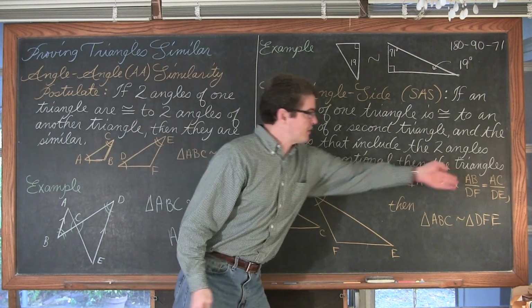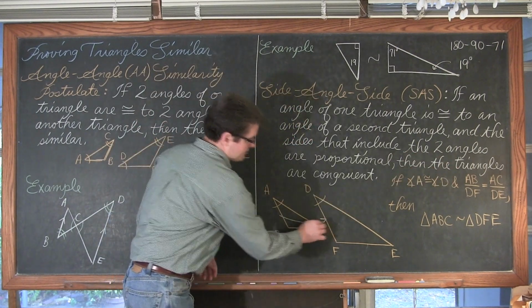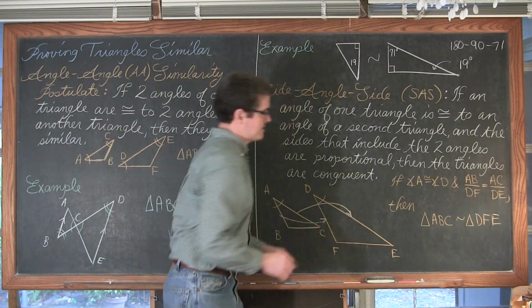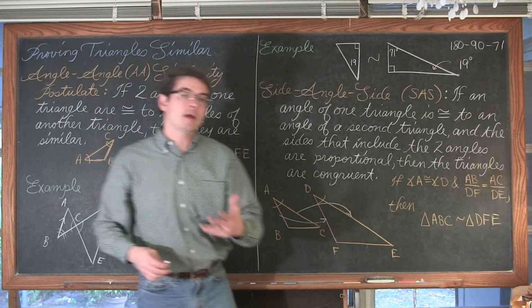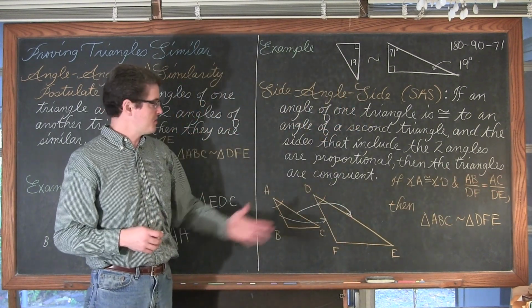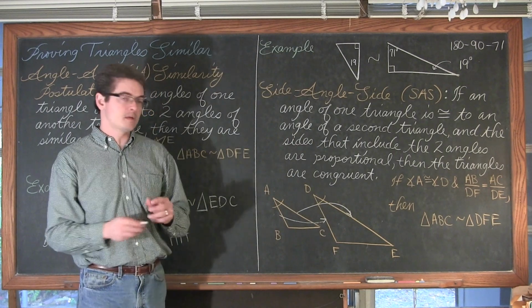As we can see over here, I've gone left to right for the sides AB and DF, and I've gone left to right as I've set up my fractions to look at the proportions. If those two proportions are equal, then these two triangles are going to be similar.